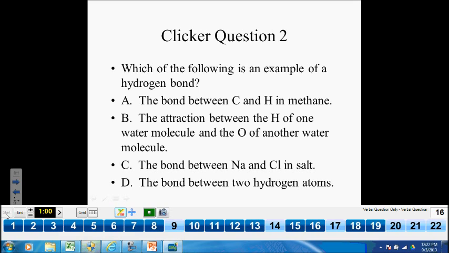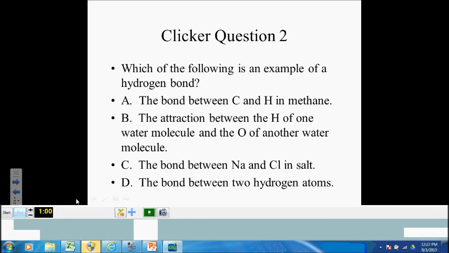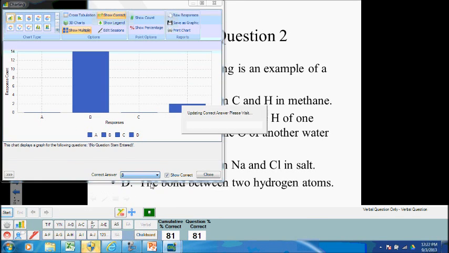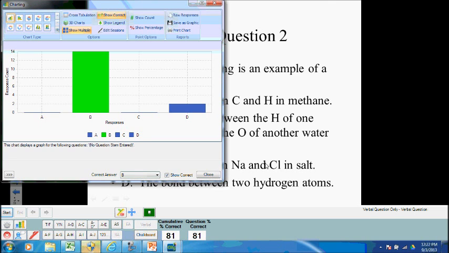All right, is that everybody? Hoping the answer to this one was obvious to you too. Should have been B. Most of you got that. Let's take a minute and look a little more closely at these choices though.